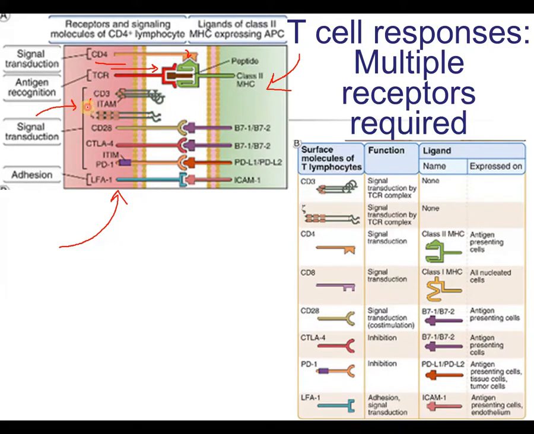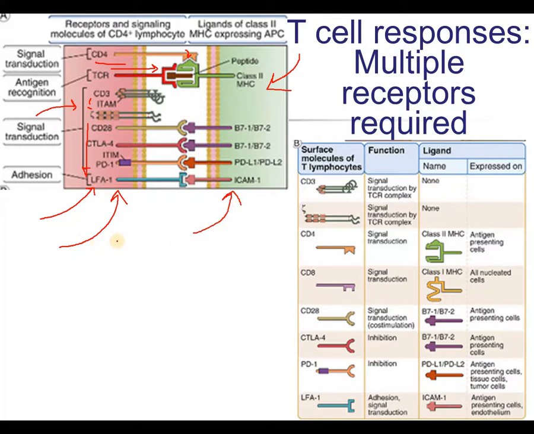So here they are, and they transduce signals. Haven't spoken about CD28, CTLA4, PD1 as far as signaling goes. And the final thing to think about is, how is that T cell going to bind and stay bound to the antigen presenting cell long enough for these processes to occur.